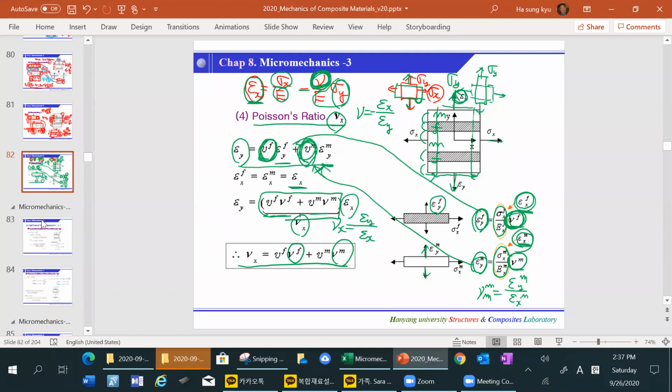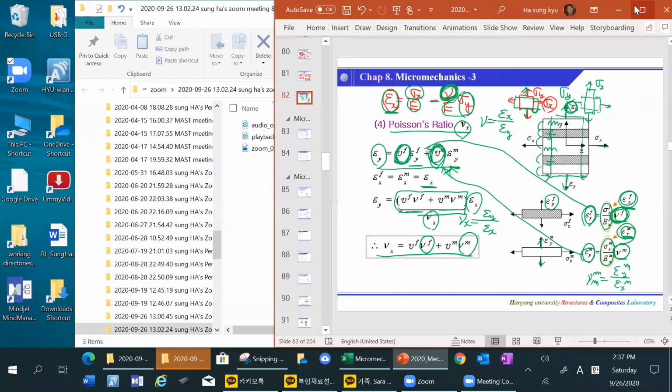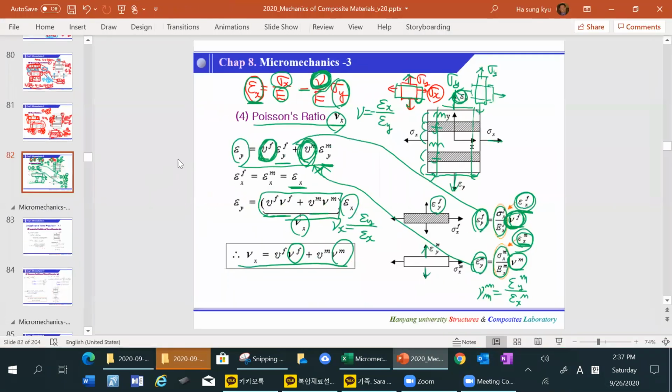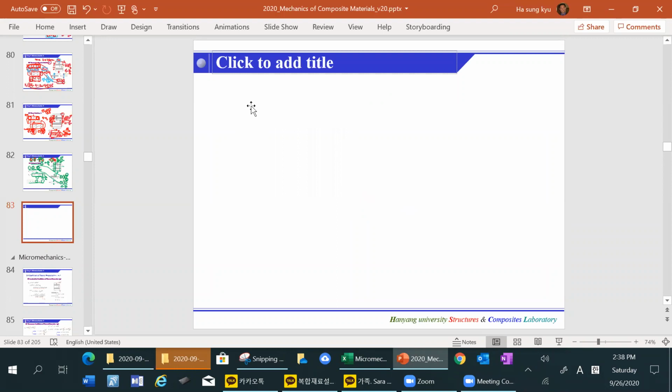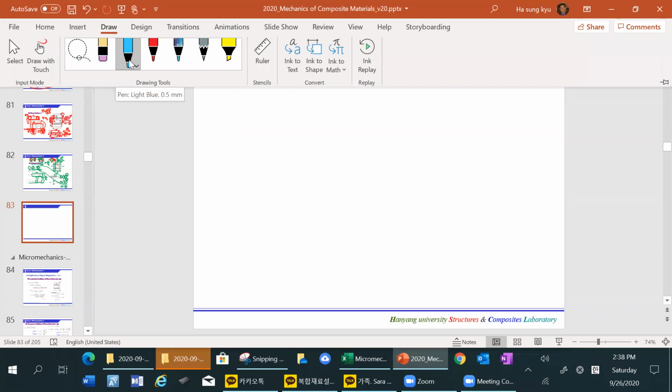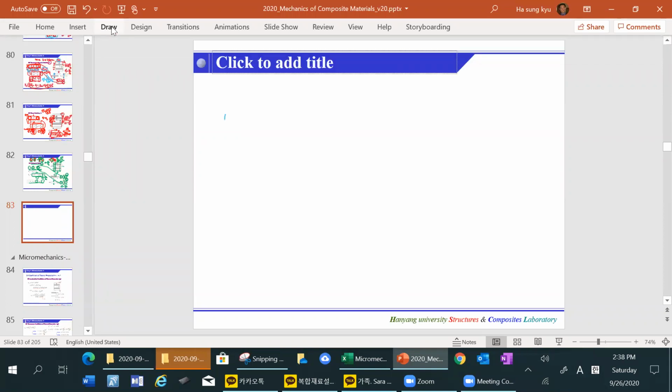Now, you may wonder how we can calculate the Y directional stiffness. Well, we can certainly derive it. I will draw here.